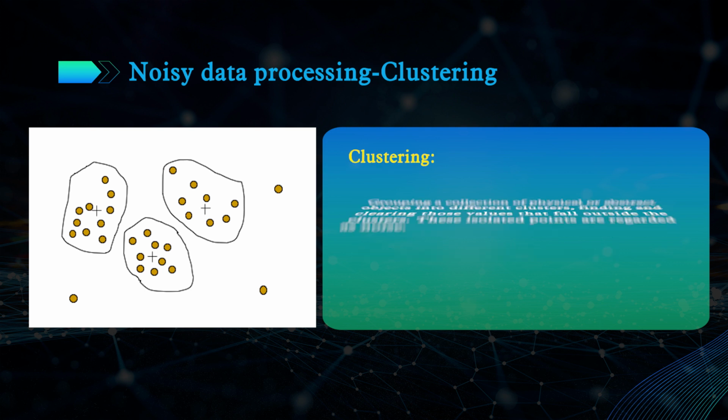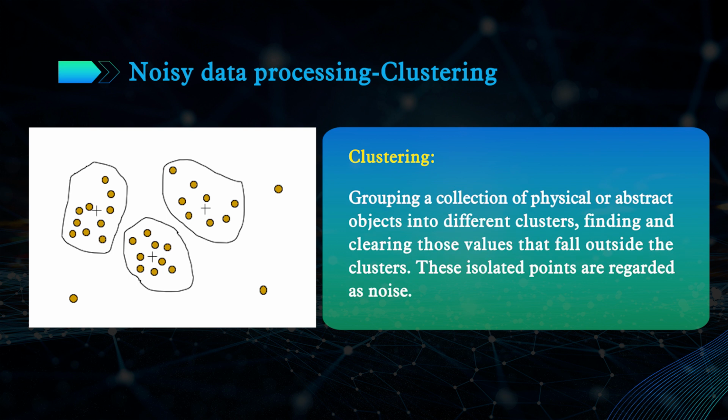Clustering means grouping a collection of physical or abstract objects into different clusters, finding and clearing those outlier values that fall outside the clusters. These isolated points are regarded as noise.